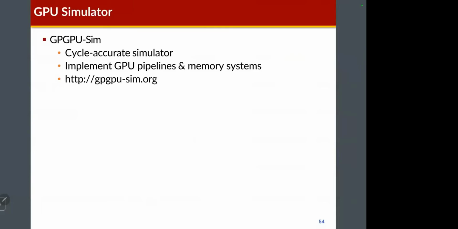We can also use a GPU architecture simulator for our research. The most famous GPU architecture simulator is GPGPU-Sim. GPGPU-Sim is a cycle accurate simulator, so we can implement the GPU pipeline or the GPU memory systems using it.